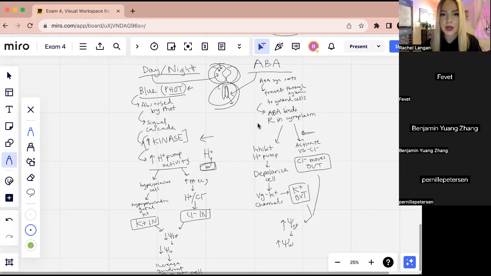If you close the stomates, leaf airspace relative humidity shoots up to almost max. So its water potential also goes up. So know those 5 relationships to open and closed stomates. Cool.